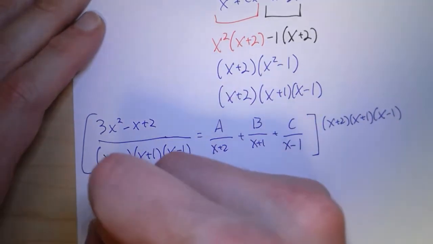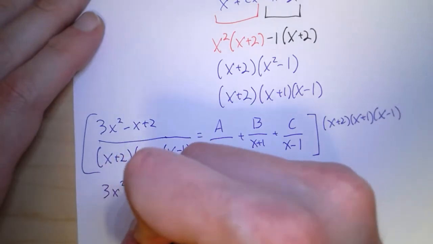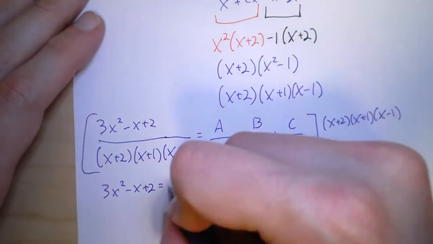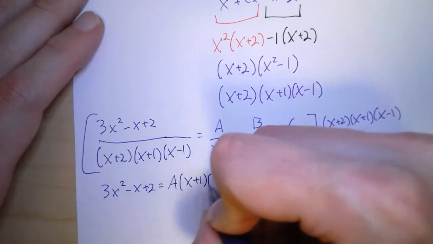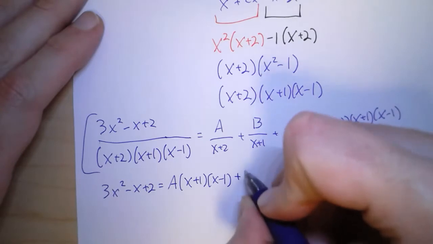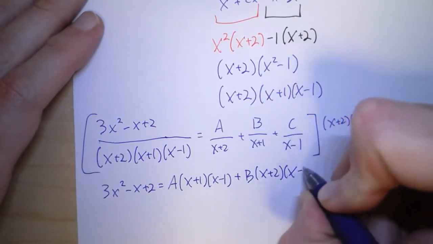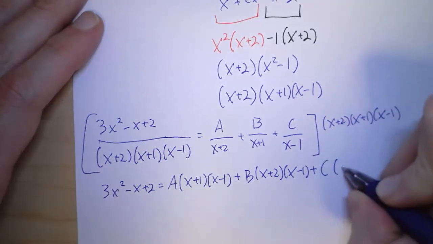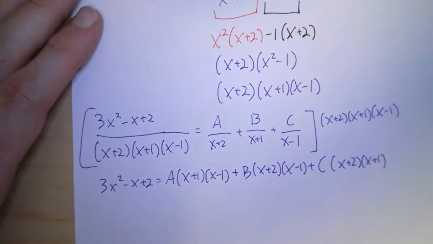So over here on the left, we're just left with 3x squared minus x plus 2. Now the x plus 2 will cancel, and so a will be multiplied by x plus 1 times x minus 1. For b, x plus 1 cancels, so we multiply x plus 2 times x minus 1. And then for c, the x minus 1 cancels, so we're left with x plus 2 times x plus 1.